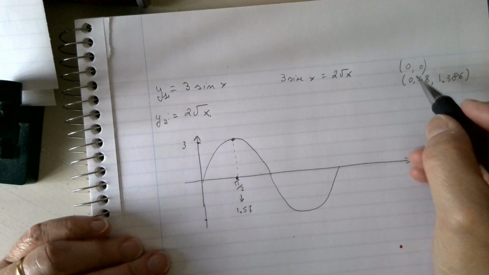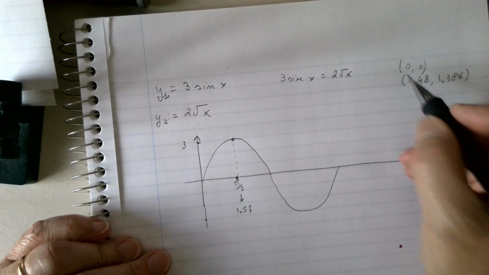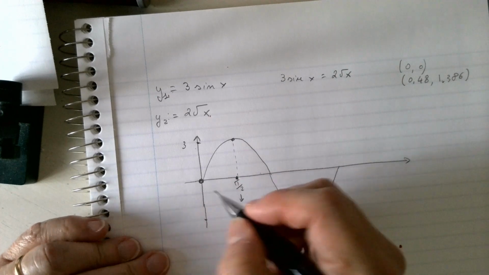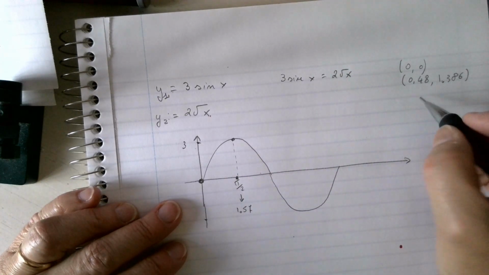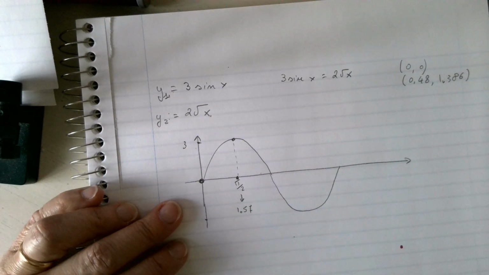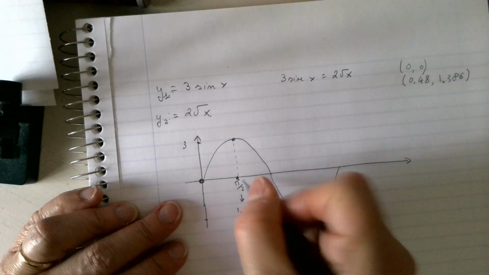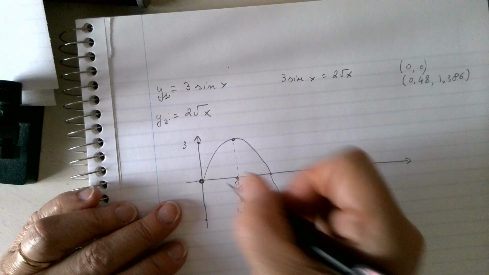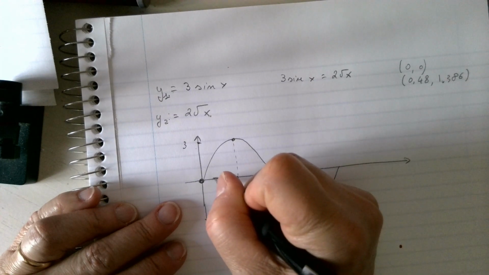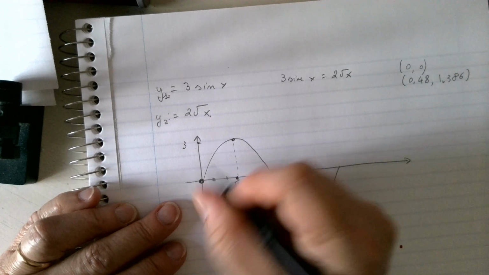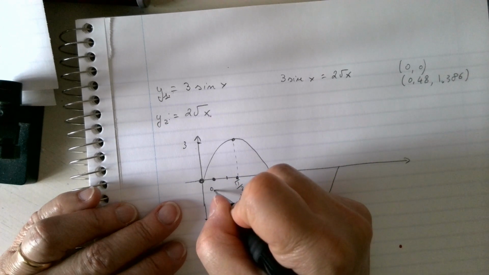Because those two curves meet at 0, 0, obviously both of them go through this point here, and the second point is 0.48. So this means that it happens before here, because this is 1.57. So maybe, I don't know, let's say that this is your 0.48.